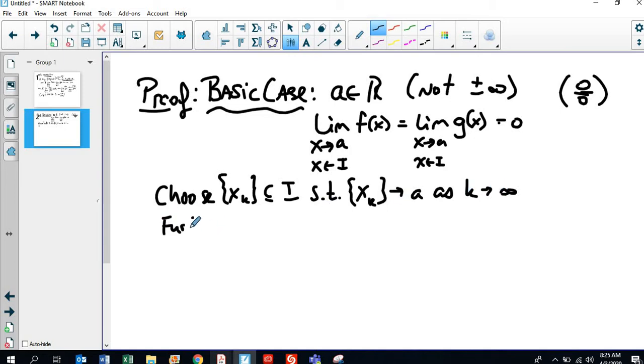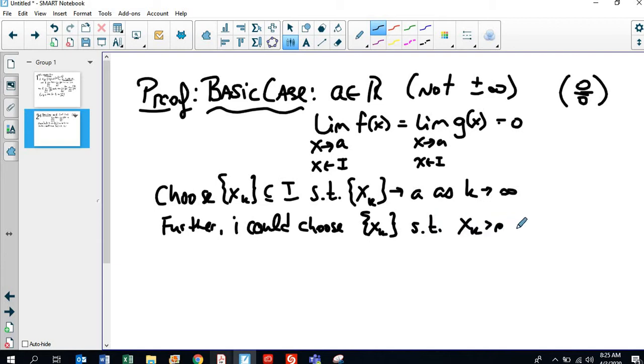Further, I could choose x sub k such that x sub k is always bigger than a, or x sub k is always less than a for all k.